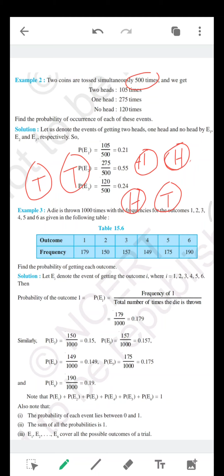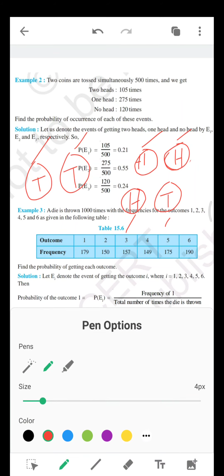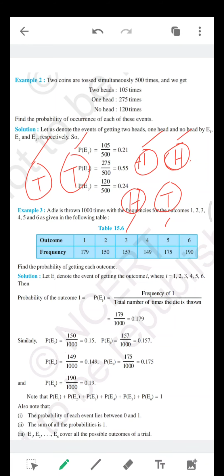Just imagine 2 coins are in your hand and you tossed. You may get two heads, you may get head and tail, or you may get two tails. There is no 4th option in this. So how many times have they got heads? Let's check here now. They tossed it 500 times. Out of those 500 times, two heads we got 105 times.